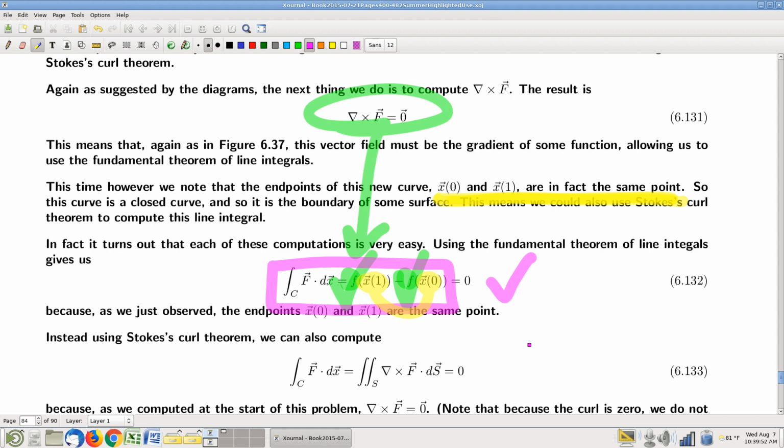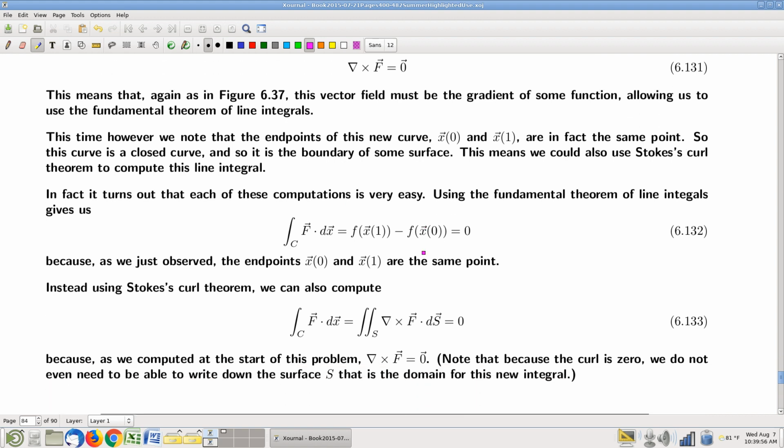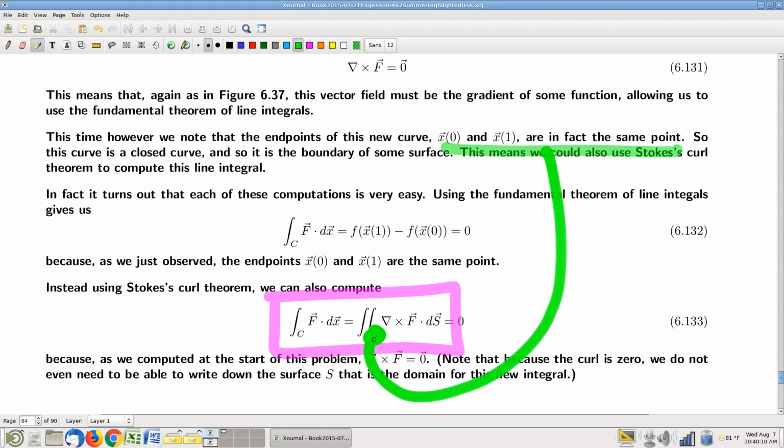Okay. All right. On the other hand, let's take the Stokes' approach to this. Stokes' theorem says I can write it down like this, and I know that I can apply Stokes' theorem because these two points are the same point, and therefore there is an anti-boundary surface.